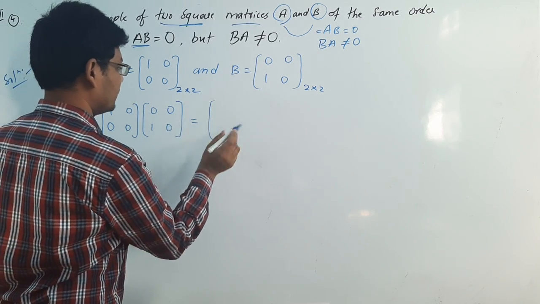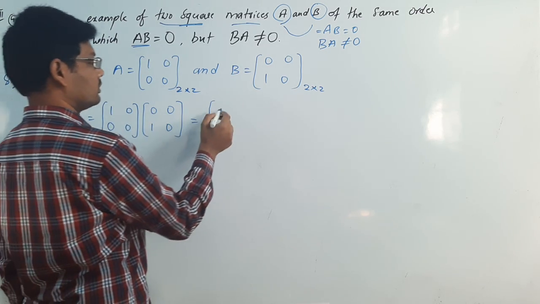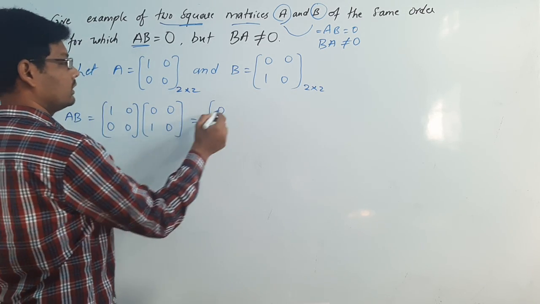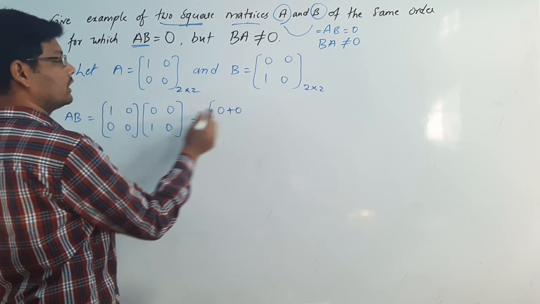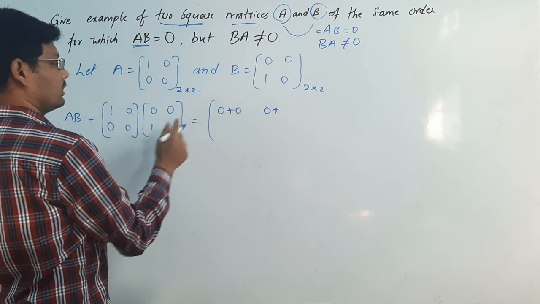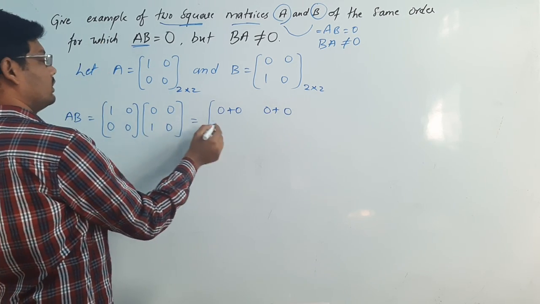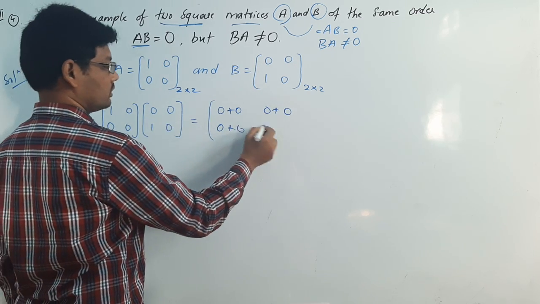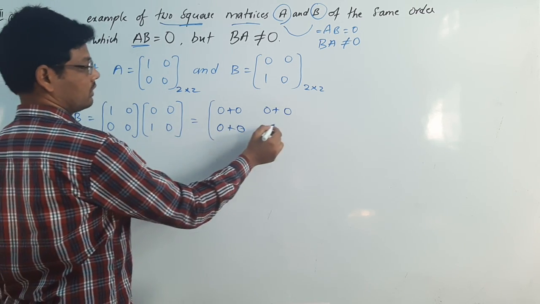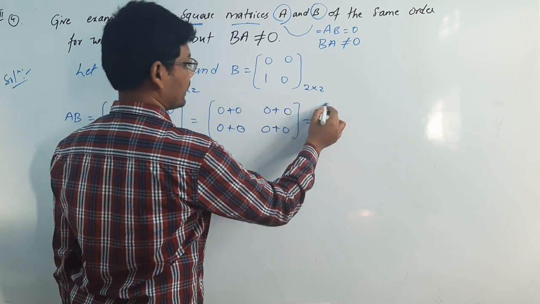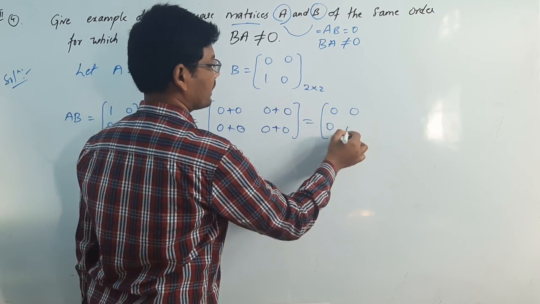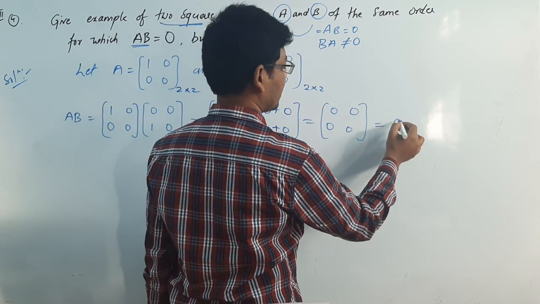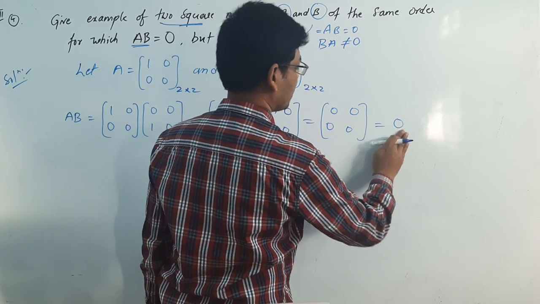Let's multiply the matrices: 1 into 0, 0 into 1, and so on. All the terms become 0 here.